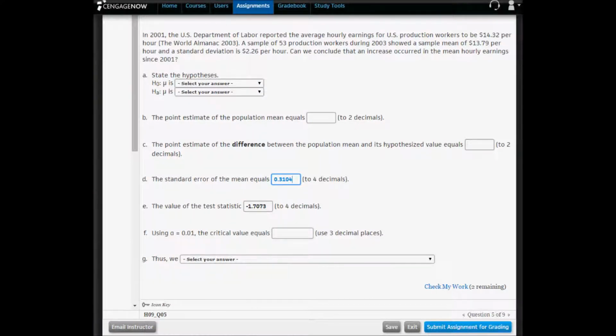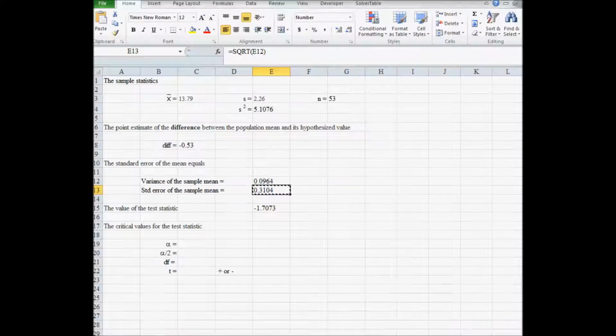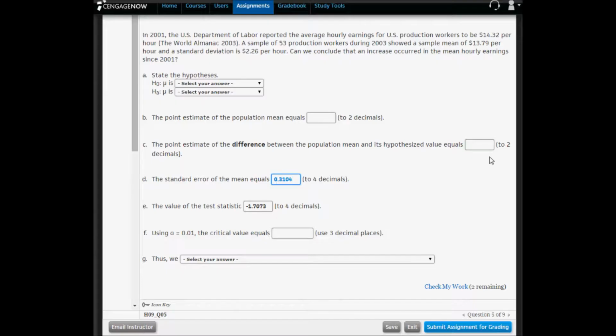The point estimate of the difference, negative 0.53 to 2 decimal places, is pasted into here. The point estimate of the population mean, which we got right here, that's the X bar, the 2003 sample mean.